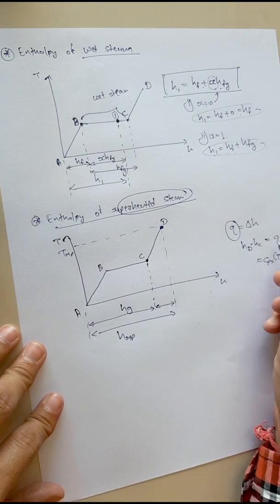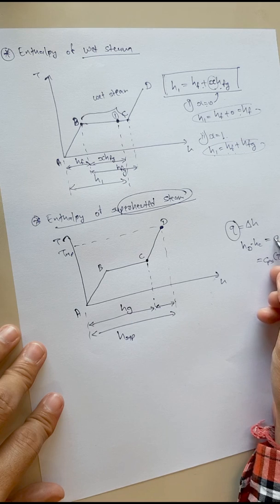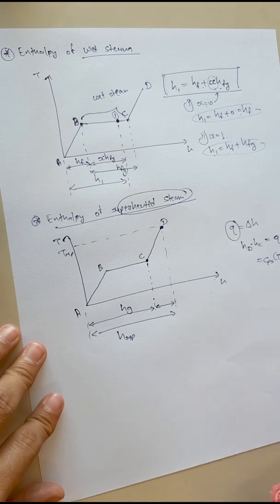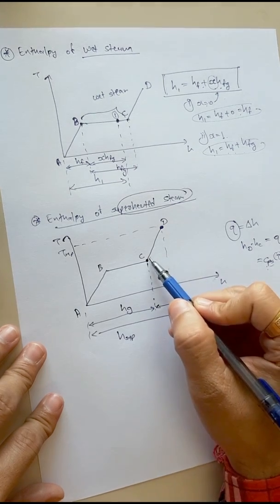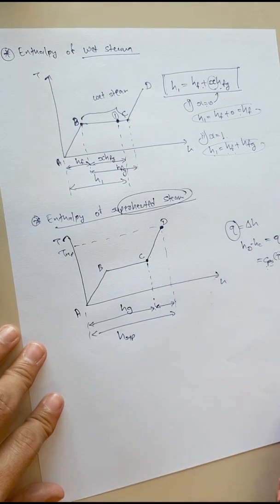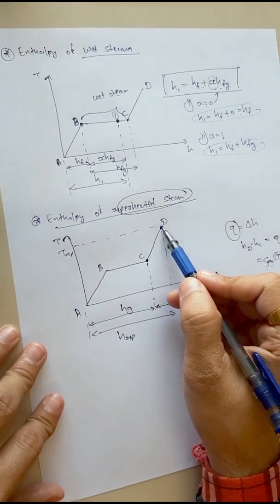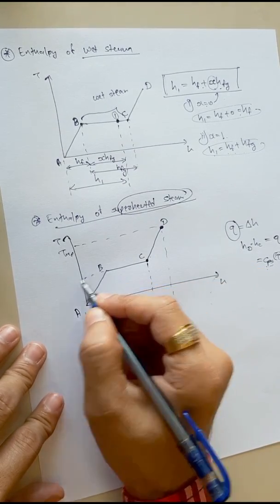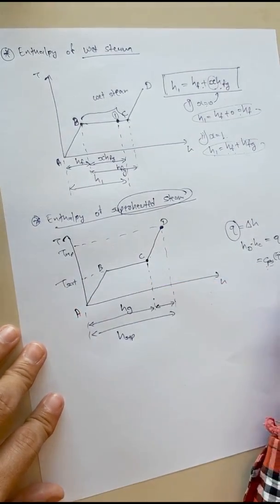We know this equation: the amount of heat required to raise the temperature is Cp dT. Here Cps means specific heat of superheated steam, and the temperature is changing from T saturation to T super, so we take the difference T super minus T saturation.